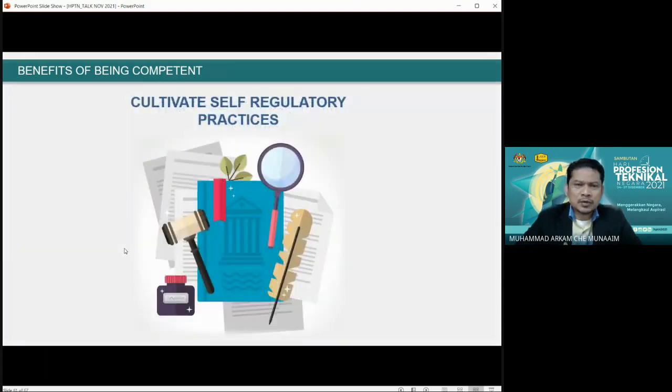Cultivate self-regulatory practice. We understand that self-regulation depends on how you behave when other people don't see you. That is essentially self-regulatory practice. You don't throw rubbish when people see you, but when there are no people there, you can do whatever you want.